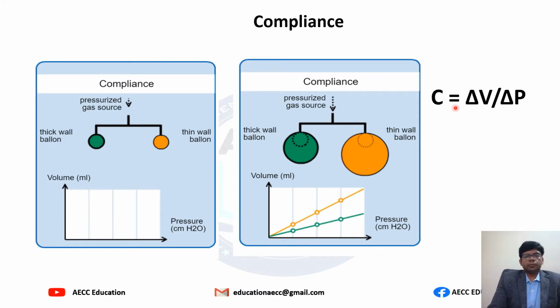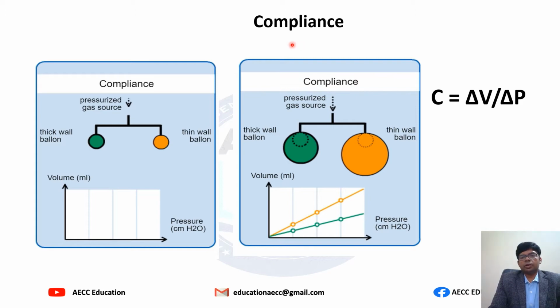Now, two parameters are often used to describe the mechanical properties of the respiratory system, the elastic and frictional forces opposing the lung inflation, that is the compliance and the resistance.